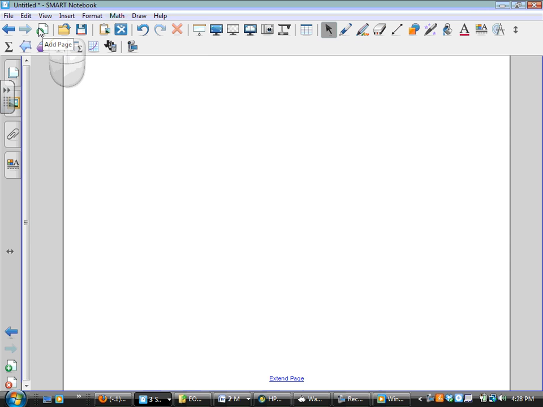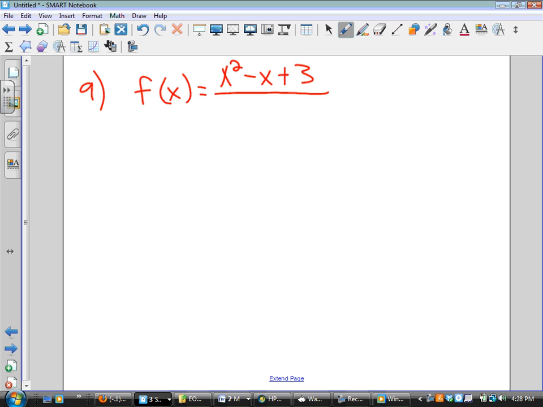Okay, number 9. Number 9 asks us to find two things. It's giving us a rational function, and it asks us to find the vertical and the horizontal or oblique asymptotes. So remember, to determine the vertical asymptote, all we have to do is set the denominator equal to 0.